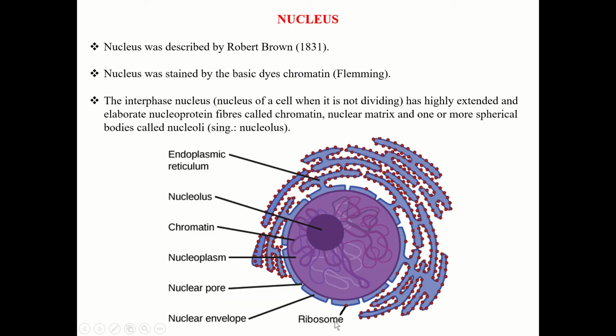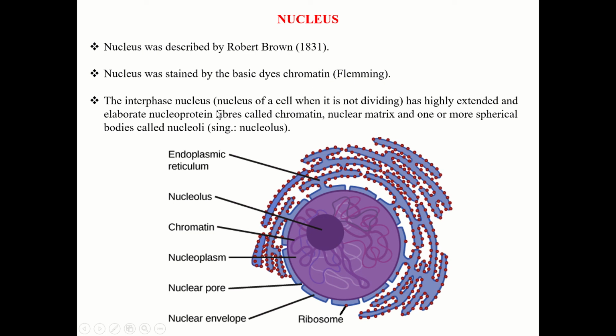Now the next structure is a very important structure called the nucleus. Nucleus was first described by Robert Brown in 1831. To be visible under the microscope, it has to be stained. The nucleus was stained by a basic dye, which was used by the scientist Fleming.